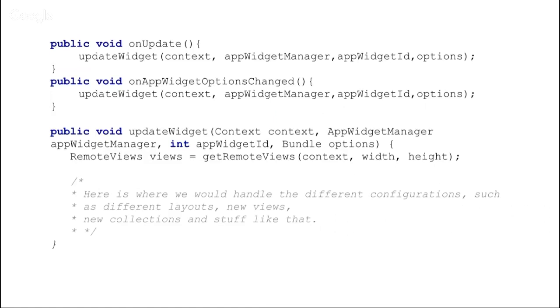And then what if our widget has changed? If the widget has changed, but everything is defined on the onUpdate method, onUpdate will be called, right, when we are updating the widget information.